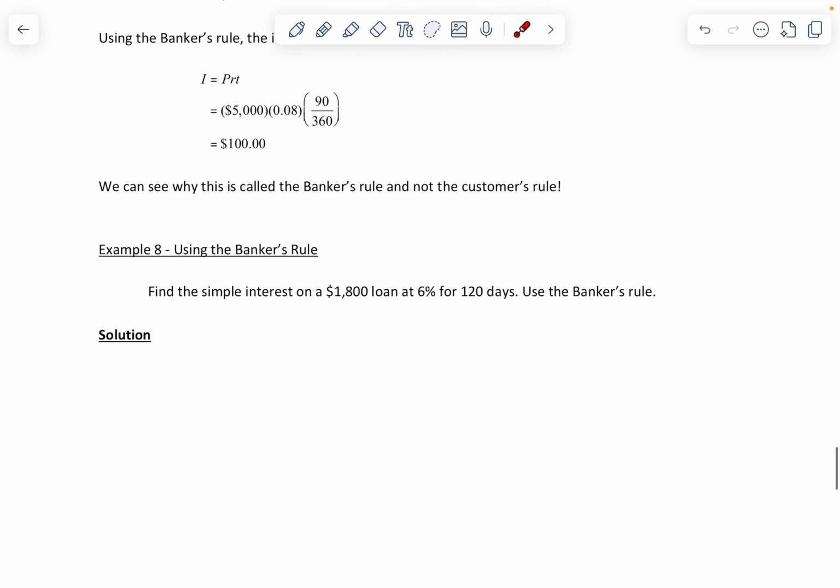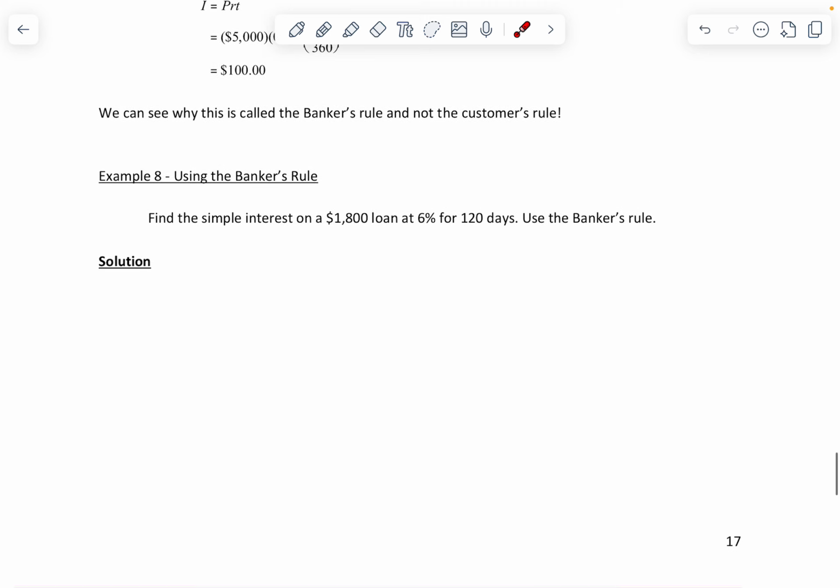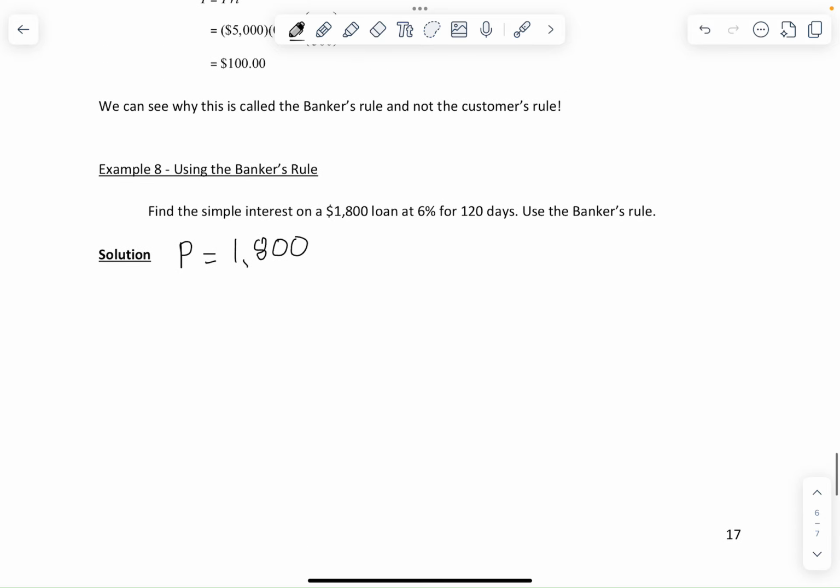So let's look at an example using the banker's rule. Find the simple interest on a $1,800 loan at 6% for 120 days. Use the banker's rule. So the principal of our loan here is $1,800. The interest rate in decimal form is 0.06.